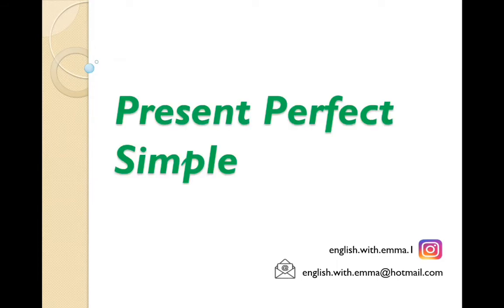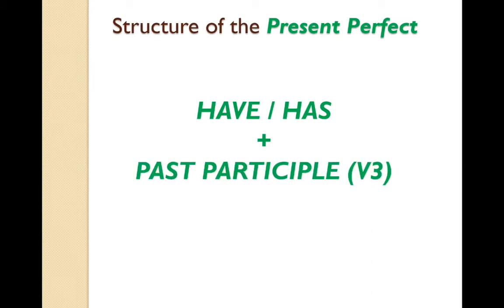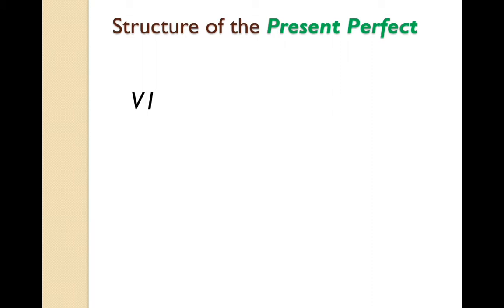So let's start by looking at the structure. We use have or has plus the past participle, or V3 as I call it, verb 3. So verb 1 would be the infinitive, verb 2 the past simple, and verb 3 the past participle. Go, went, gone.